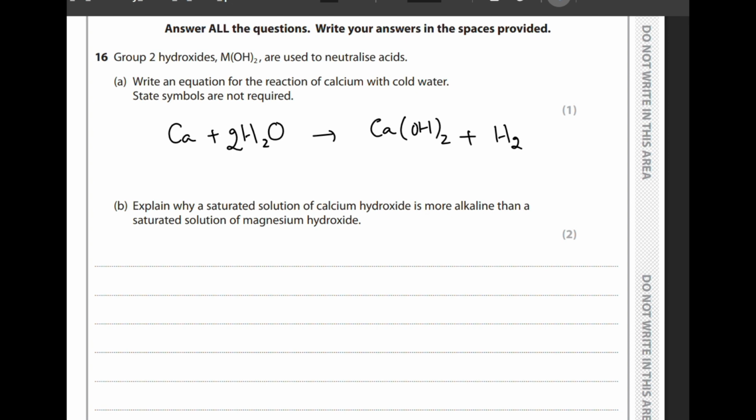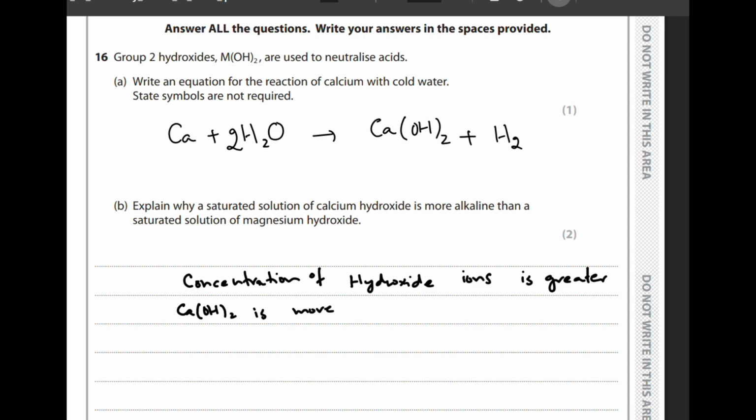So the saturated solution of calcium hydroxide is more alkaline due to the increased concentration of hydroxide ions, because calcium hydroxide is more soluble than magnesium hydroxide. You know, the solubility of group 2 hydroxides increases down the group.